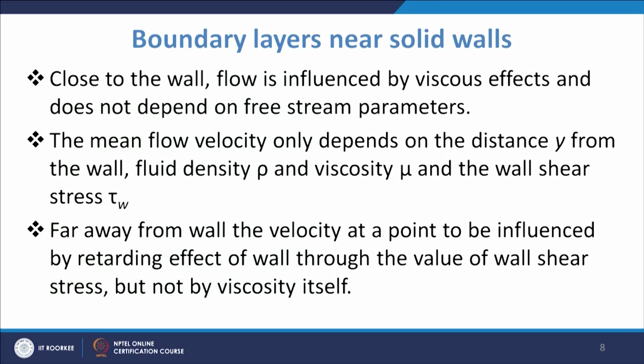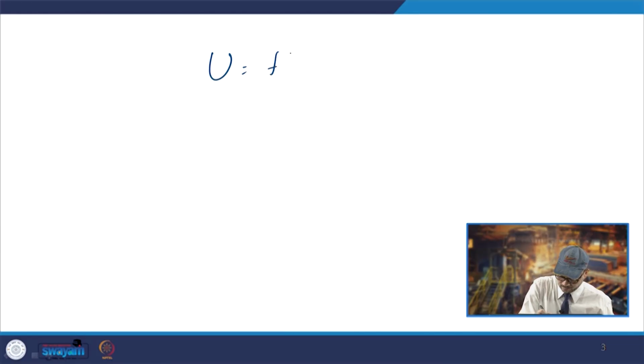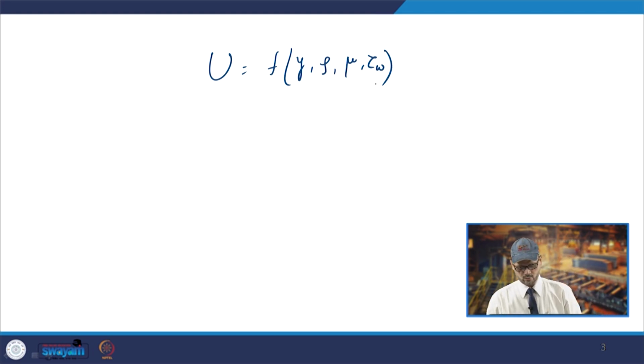So in that case, u will be a function of the distance from the wall y, density, viscosity and tau w, where tau w is the wall shear stress.